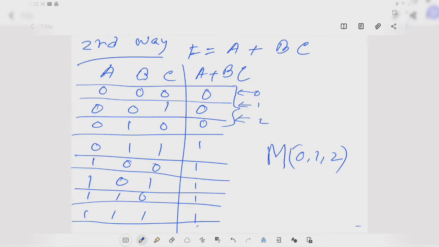So the function f of A, B, C is expressed by using the max terms 0, 1, and 2.